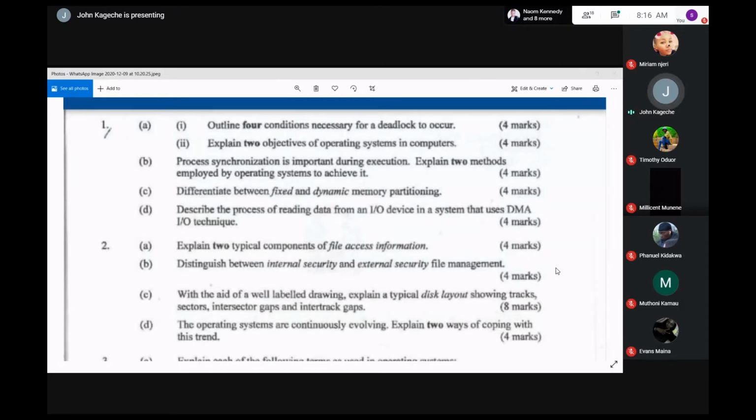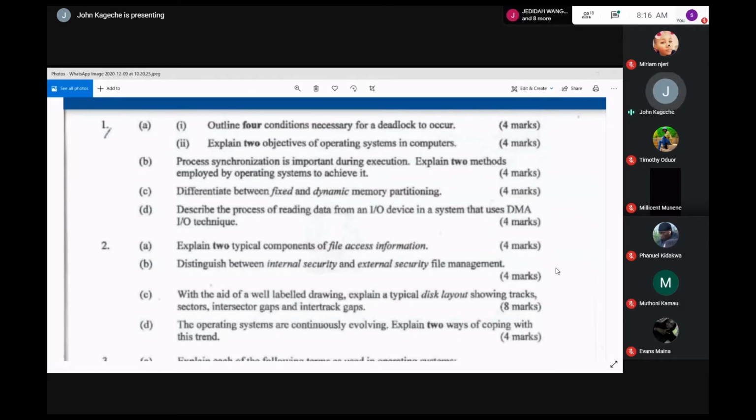We can utilize the chat section for those who are able to. I think the first condition we said was circular wait. We talked about hold and wait. We also mentioned mutual exclusion.